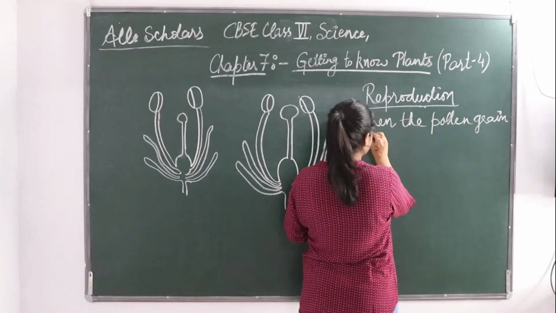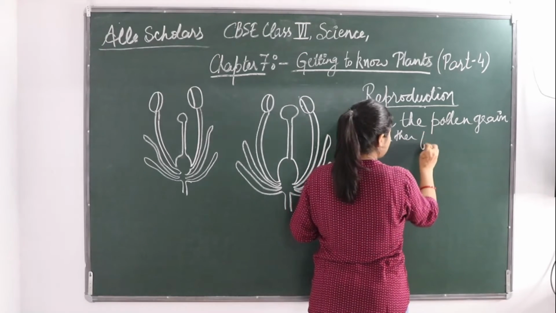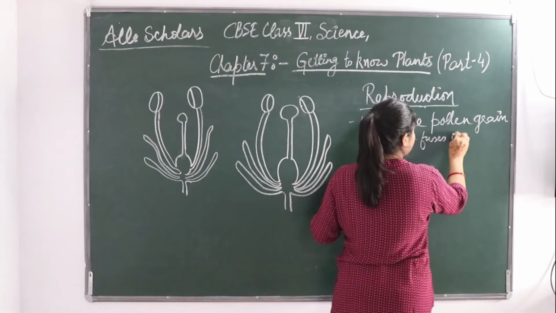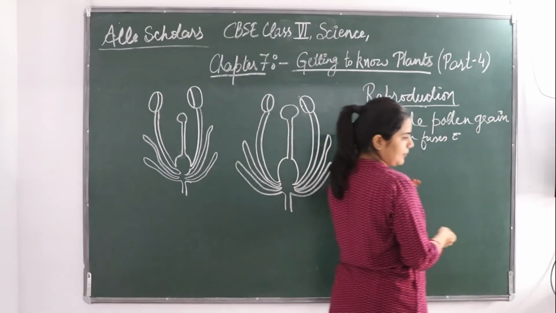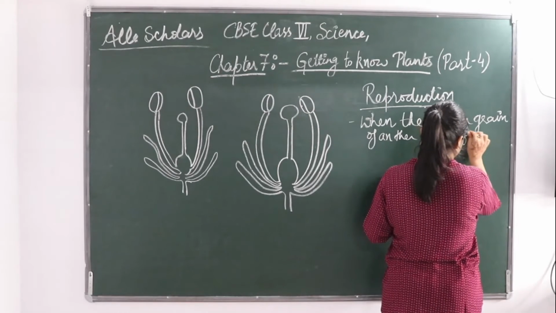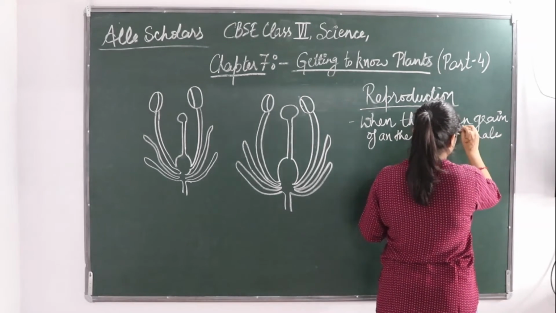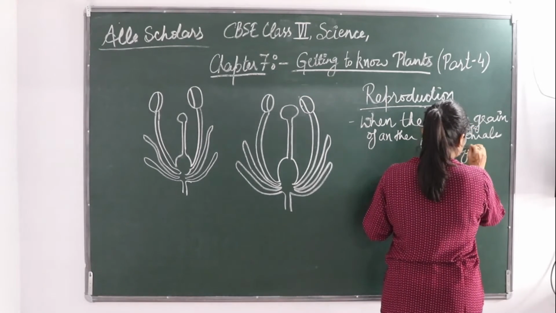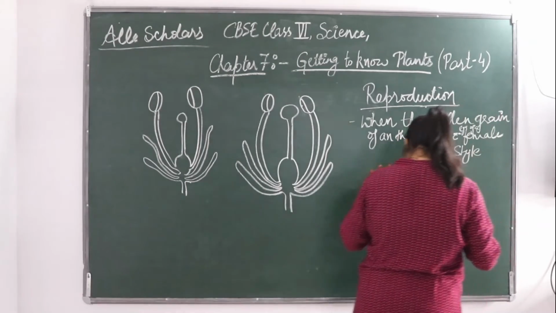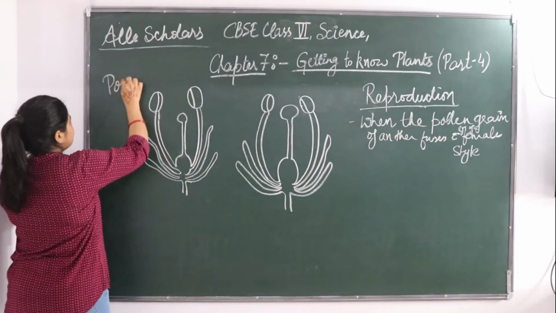So when the pollen grain of anther fuses with the egg of a female style, this is reproduction. Here we shall see about pollination.